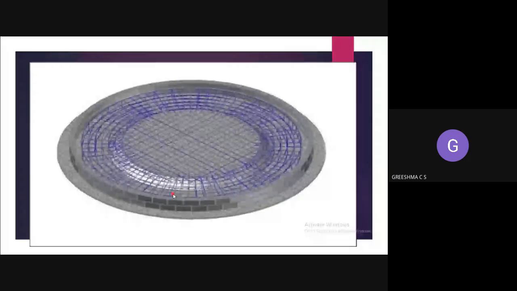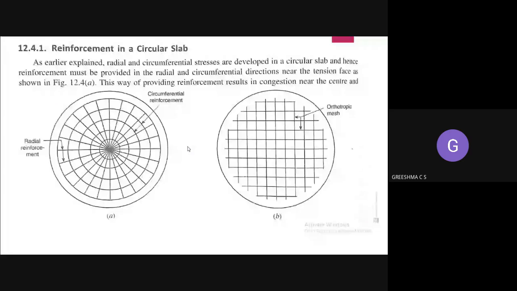Coming to the center portion, near the center you will provide the reinforcement as a mesh. In the center portion you provide a mesh, and at the edges you provide circumferential and radial reinforcement. Okay, so this is the correct picture. This is a detailed picture.